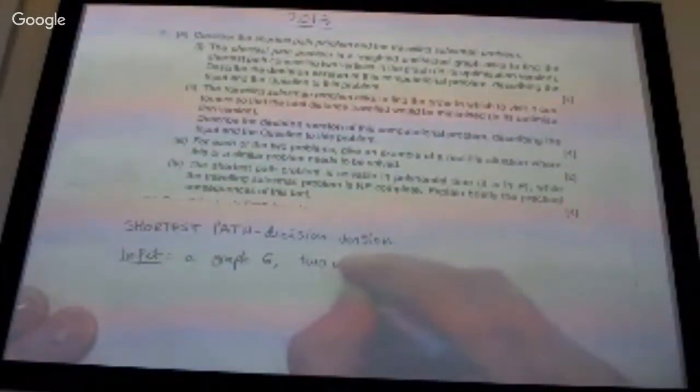A graph G, 2 vertices, U and V. Now, the optimization version wants you to find the shortest path from U to V. The decision version wants a number, a rational number K, as an extra bit of the input, and the question is, can you do better than K, or at worst K?